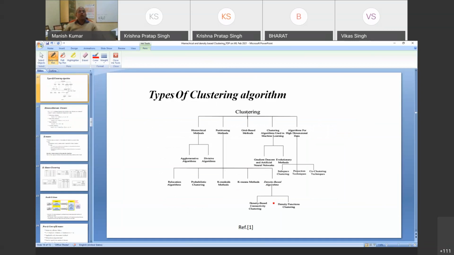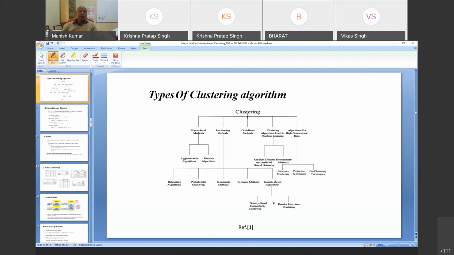Now, if you look at the types of clustering algorithms, at a higher level we have hierarchical methods, then partitioning methods, then grid-based methods, clustering algorithms widely used in machine learning, and algorithms for high-dimensional data as well.